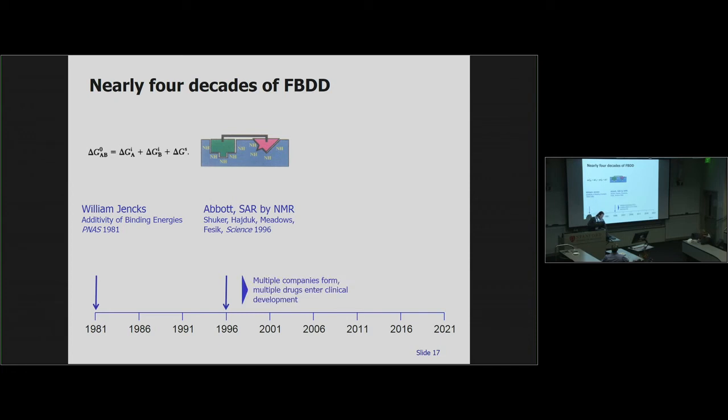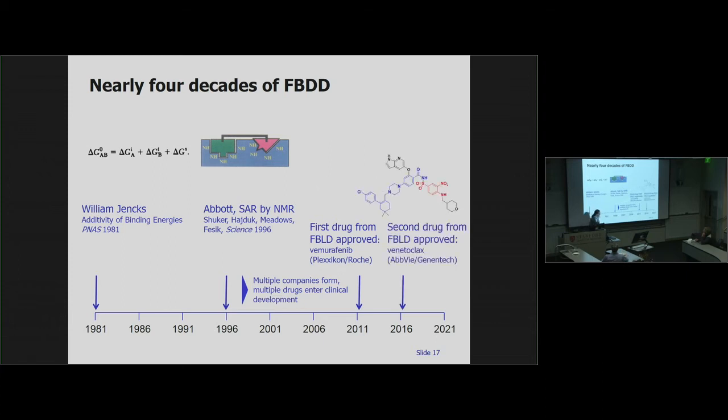People started setting up fragment screening efforts in large pharma and academia, leading to the approval ultimately of vemurafenib, the first fragment-based drug approved, from a local company, Plexxikon, and then more recently, venetoclax, which targets a protein-protein interaction. So I think it's fair to say that the past couple decades since SAR by NMR have been incredibly productive, and it's been a really rich period for fragment-based approaches.